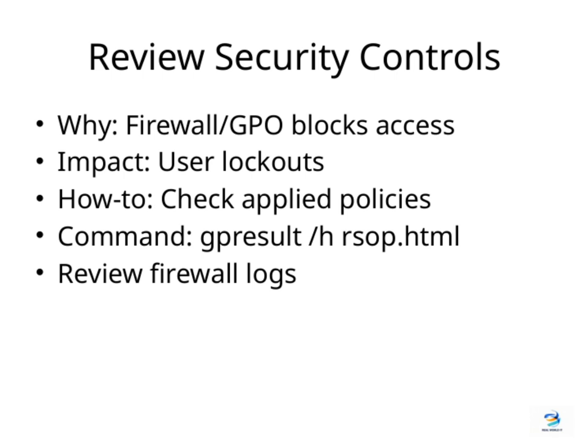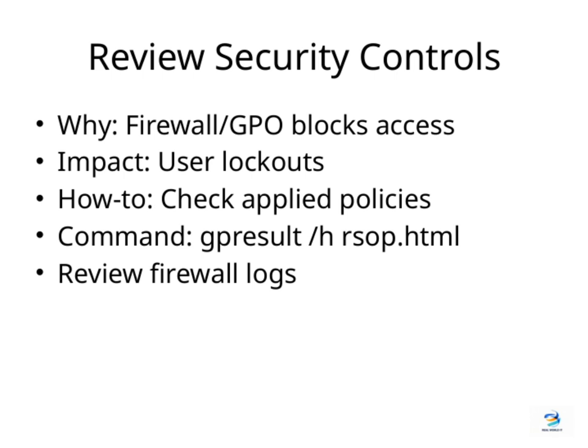that are currently enforced. Next, it's important to review the firewall logs carefully. These logs can reveal if any firewall rules are blocking specific traffic or ports necessary for user access. Additionally, reviewing security controls in place helps ensure there aren't any restrictions that might be unintentionally hindering user connectivity.